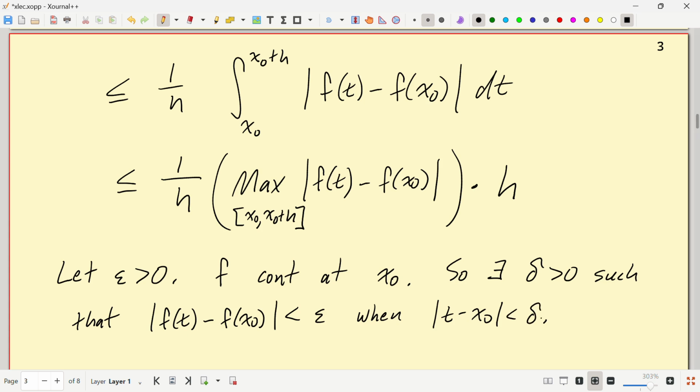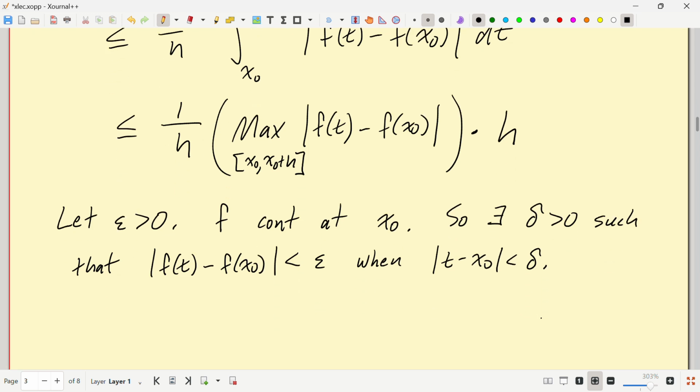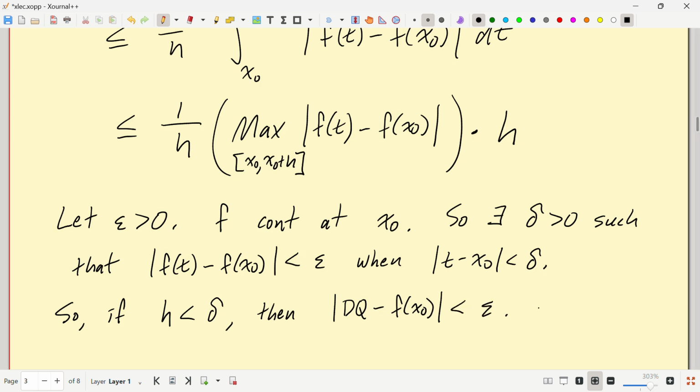And so we get that max there. If h is less than delta, I'll make h positive, then the difference quotient minus f of x naught is less than epsilon. Check. So sure enough, that thing's differentiable, and its derivative is what you want it to be.